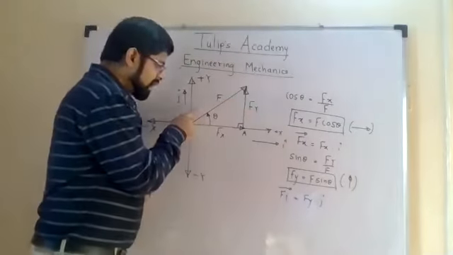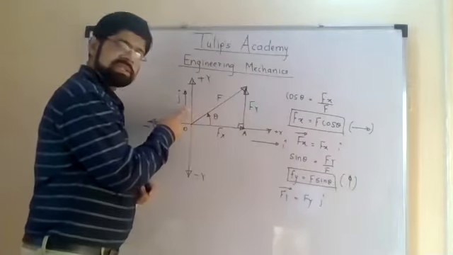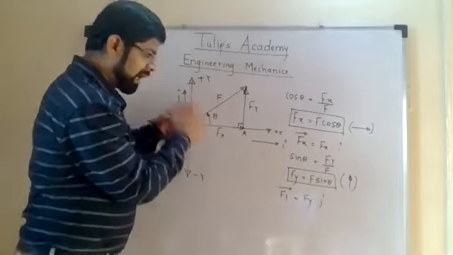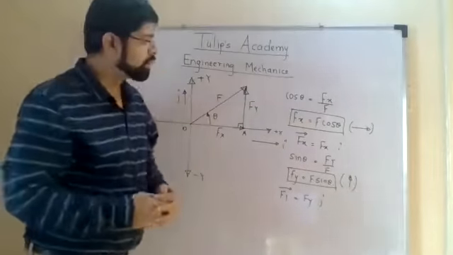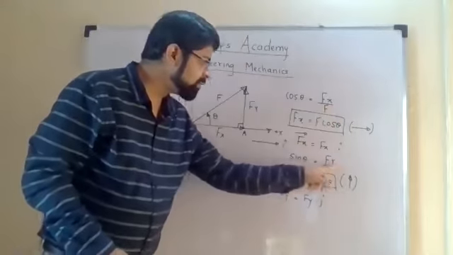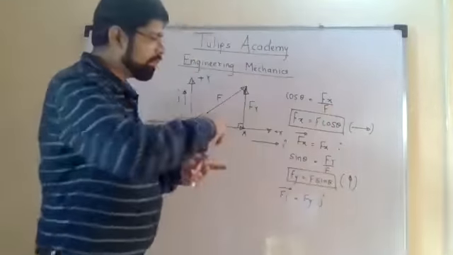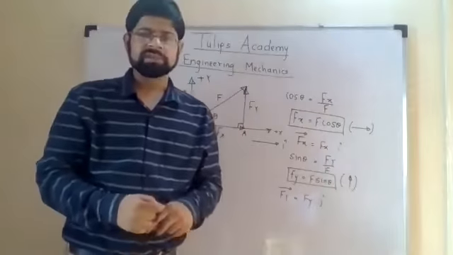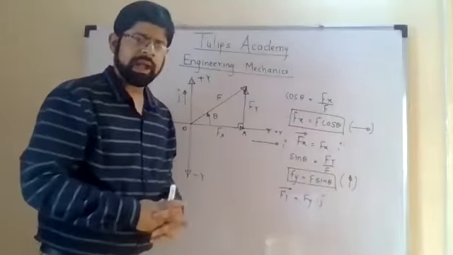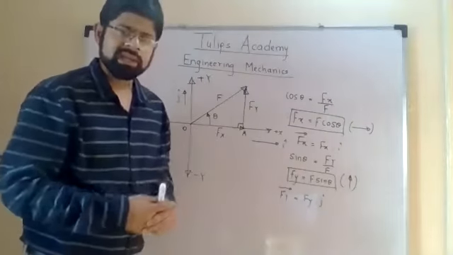If theta is measured with respect to the y-axis, then the y component will be adjacent to the angle and the x component will be opposite to the angle. So now the cos relationship will involve Fy and the sine relationship will involve Fx, and therefore both the values will get reversed.